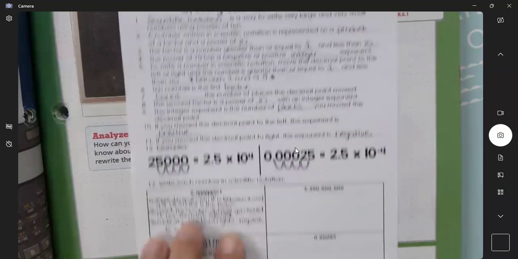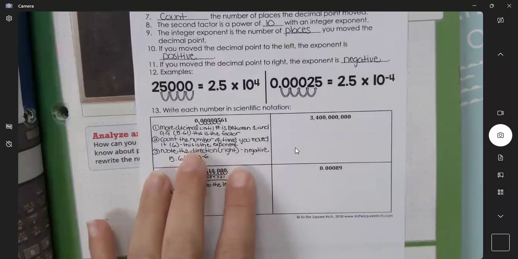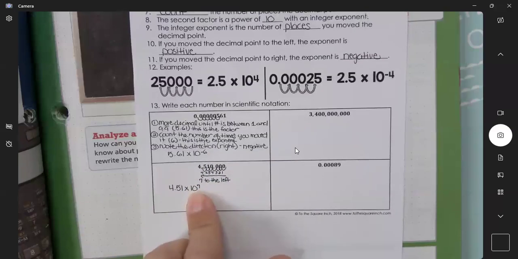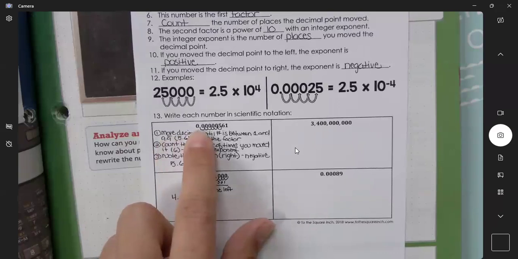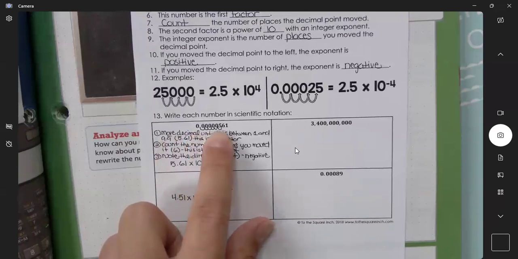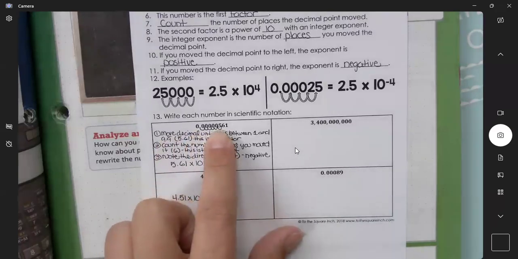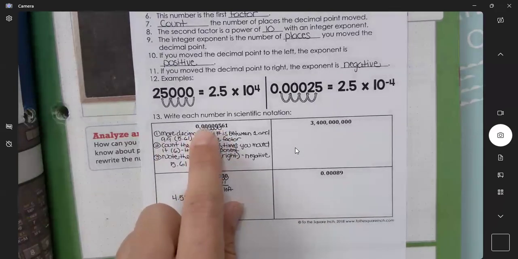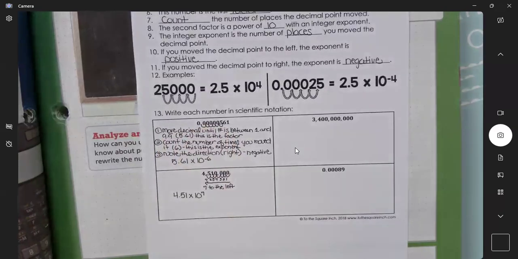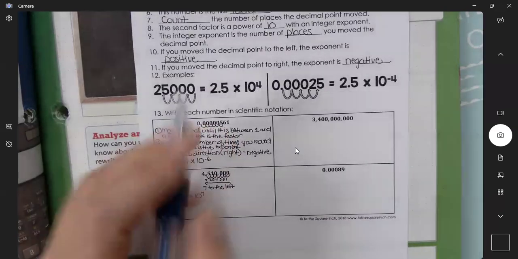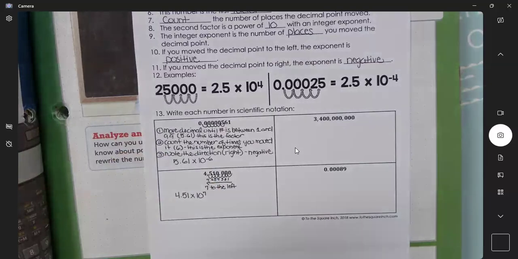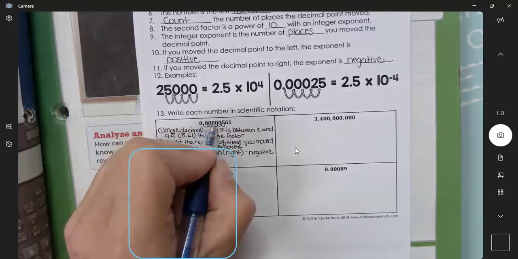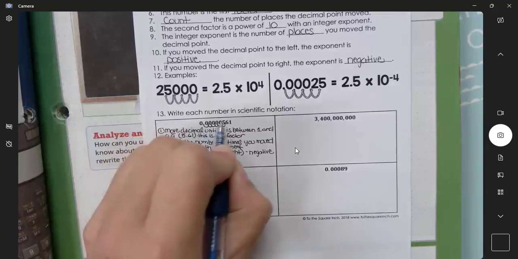So I wrote it out for you down here in teeny tiny little handwriting. And then this one, I just did it shorthand. So the first thing you're going to do is move the decimal until you get a number between 1 and 9.999999999. So we moved it 1, 2, 3, 4, 5.